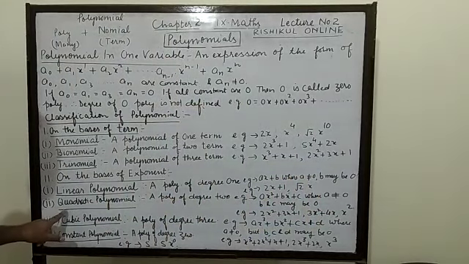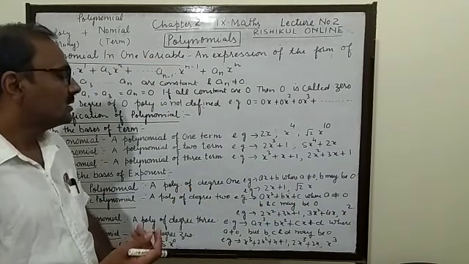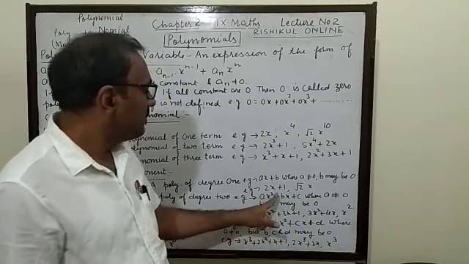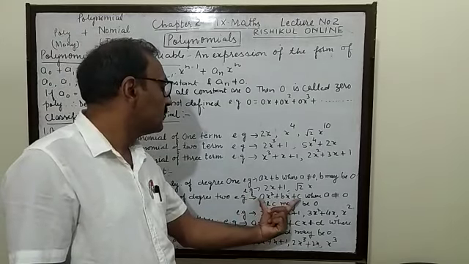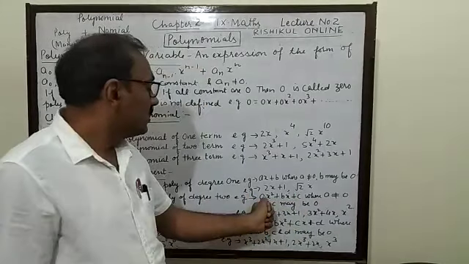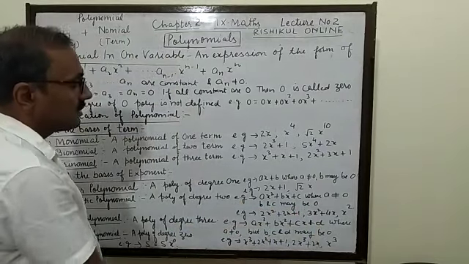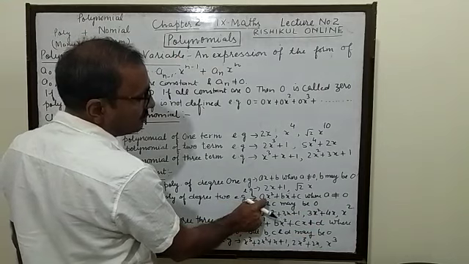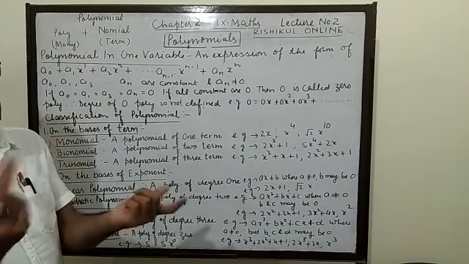Then the next one is the quadratic polynomial, a polynomial of degree 2, like this: ax square plus bx plus c. Here the highest power is 2, so it is called a quadratic polynomial. Here a is not equal to 0. B and c may be 0. Clear? Because if a equal to 0, then 0 into x square, the x square term will be 0.